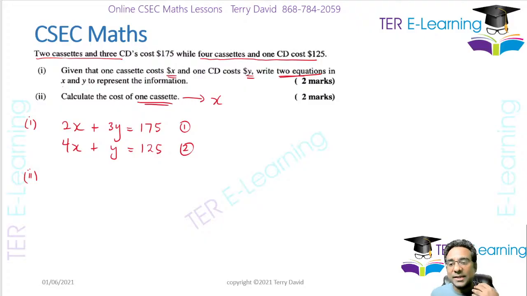There are basically 4 different methods I can use. I can use substitution, I can use elimination, I can draw a graph and find where the 2 graphs intersect, and that'll be my solution. I can also use the matrix method. So there are different methods.